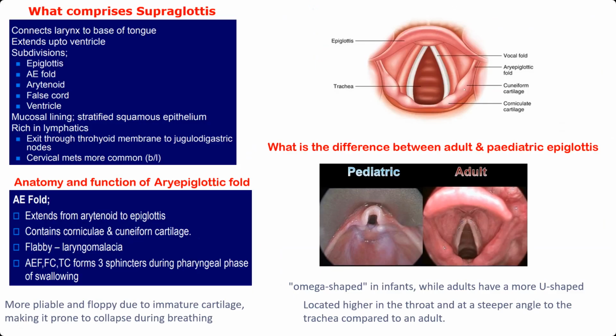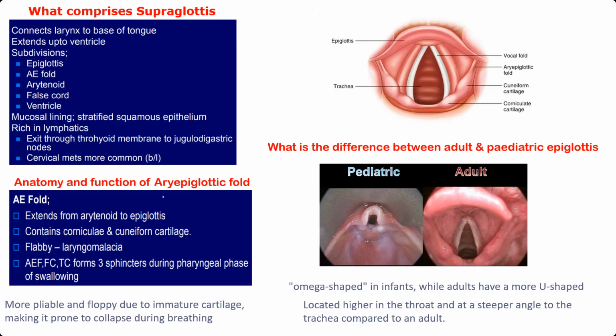But if the aryepiglottic fold is also affected, and that's why I told you about chronic usage of corticosteroids, this laryngeal aryepiglottic fold will become very lax and flabby, and that will cause a laryngeal obstruction by causing laryngomalacia.